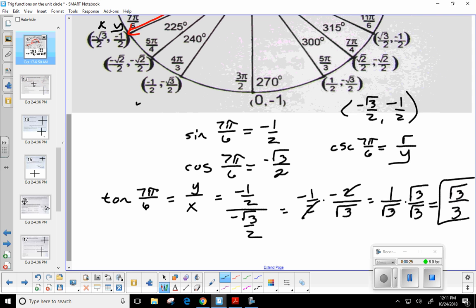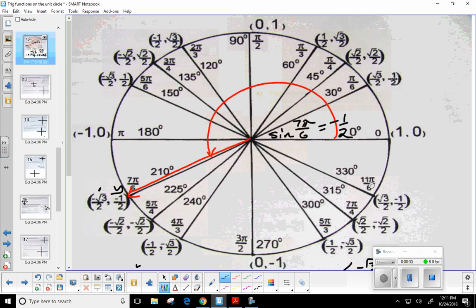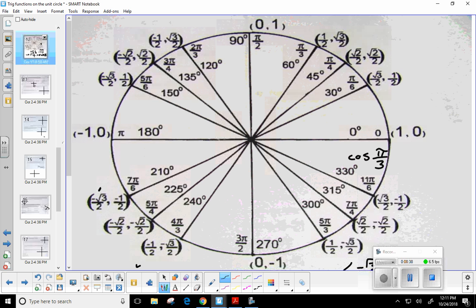Okay, so let's try another one. The next one we have here says cosine of pi over 3. So I'm going to come back over here to my unit circle. I want the cosine of pi over 3. Well, if I have the unit circle, then I know exactly where pi over 3 is. What quadrant? He's in the first quadrant.